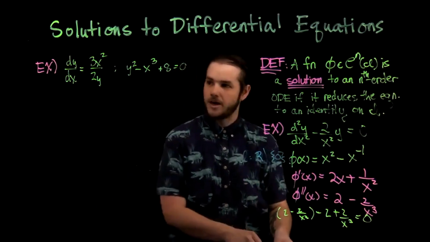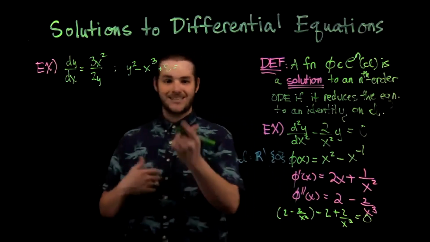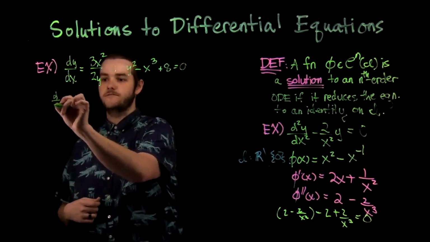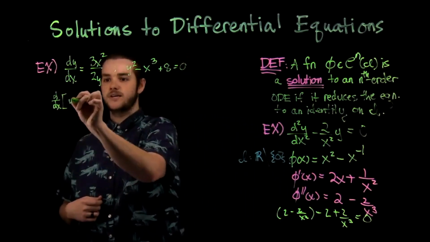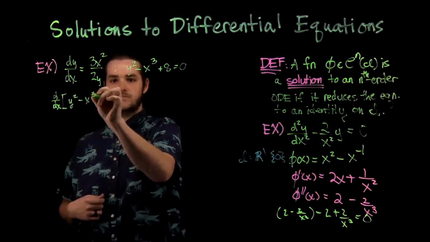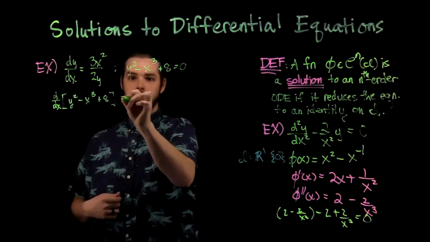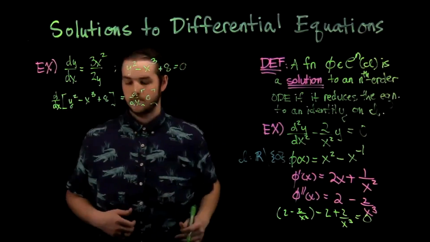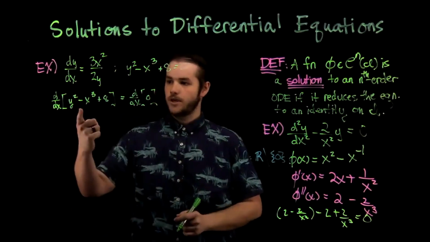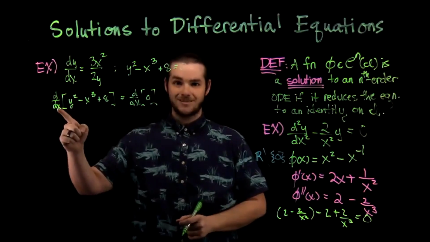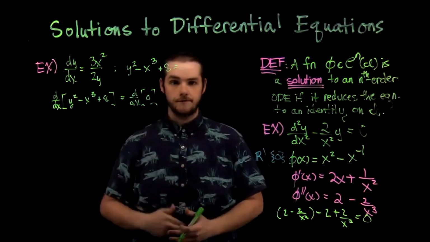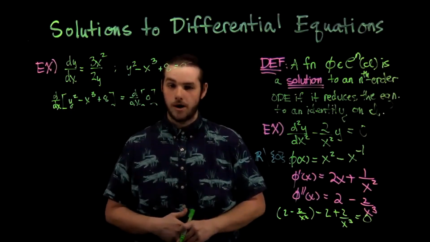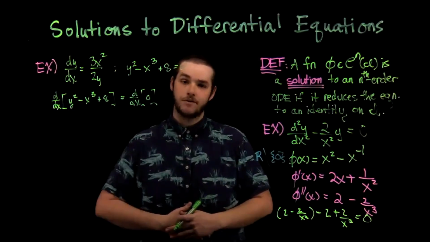So let's get a quick reminder of how that process works. Essentially, I just take the derivative of both sides of the equation with respect to x, of course. And here, the x variable is my independent variable, so I have to be careful when I take the derivative of y squared, y being a function of x.